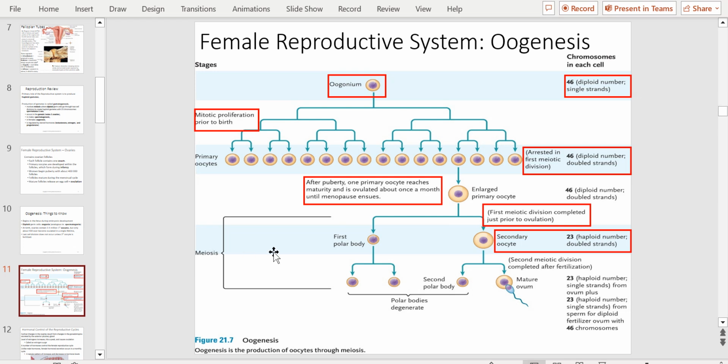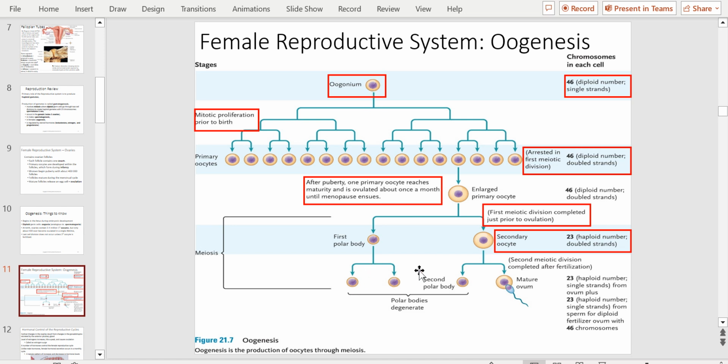You guys can pause the video here and follow this along. So here is your 46 diploid number. Again, we're dealing with meiosis, right? So this is 2N, and in spermatogenesis you end up getting 4 sperm cells from 1.